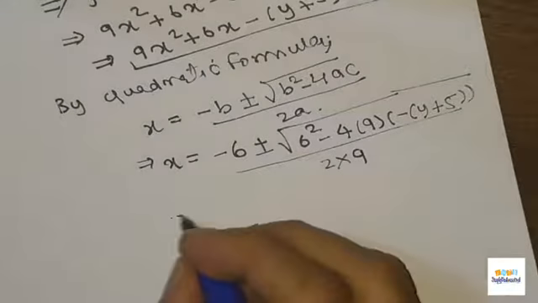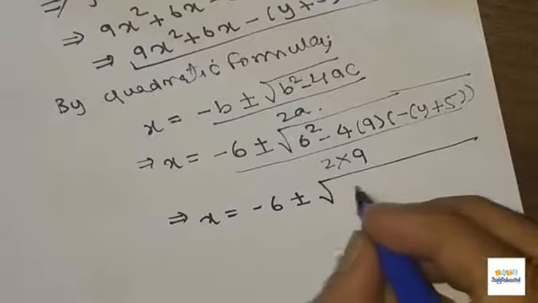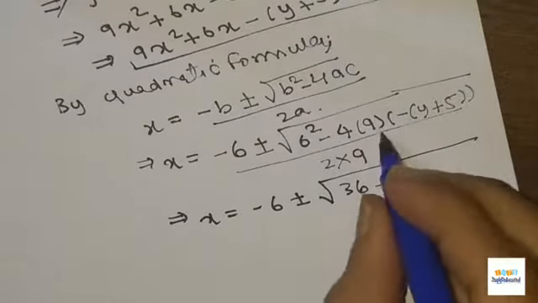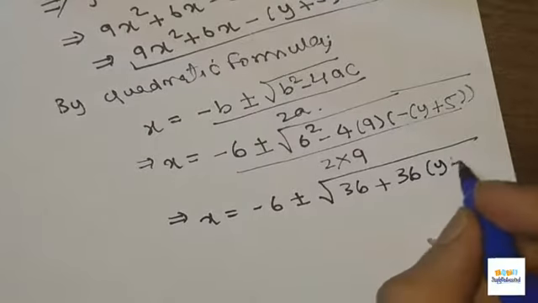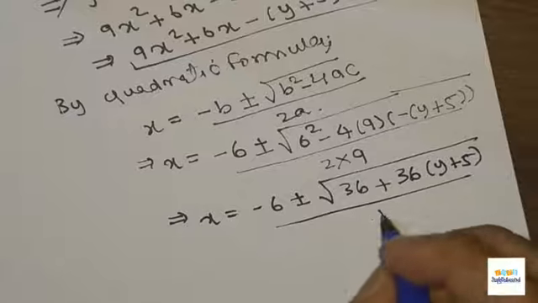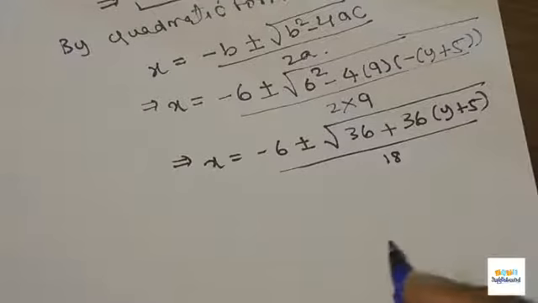So you get x is equal to minus 6 plus or minus root of 36 plus 9 multiplied by 4, which is 36, multiplied by (y plus 5), divided by 18, that is 2 multiplied by 9.